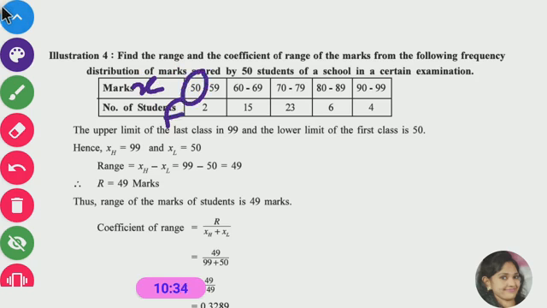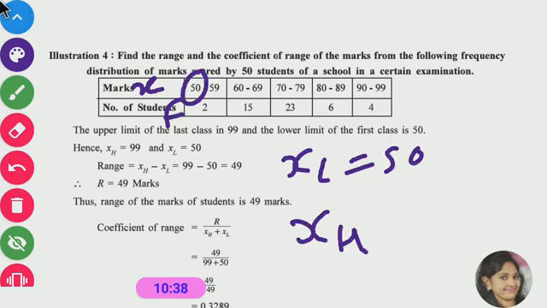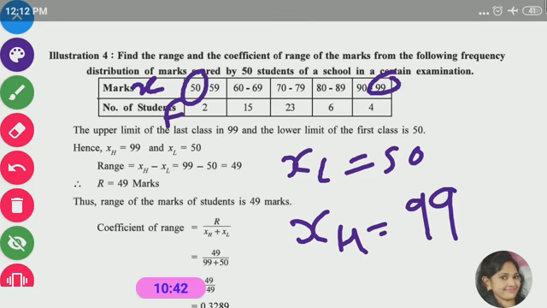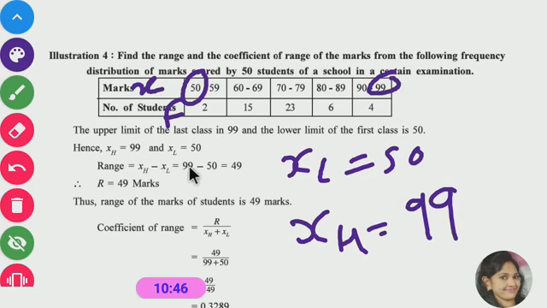Here lowest XL is equal to 50 and highest is 99. First, range is equal to XH minus XL, 99 minus 50, so 49. R is equal to 49 marks. The range of the marks of the students is 49 marks.